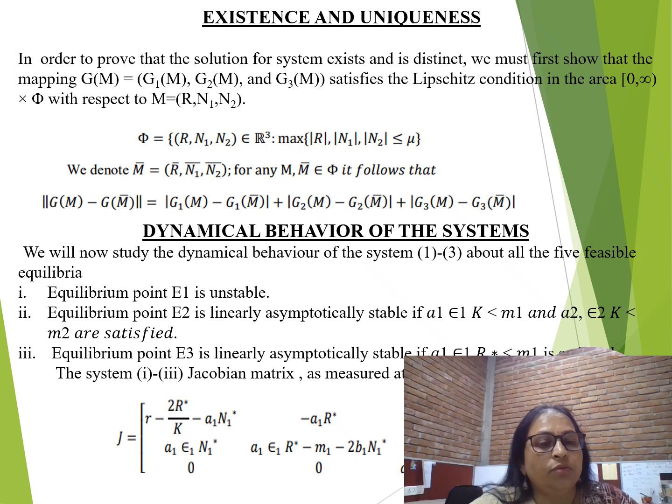Now the third equilibrium point is linearly asymptotically stable if the condition a1 epsilon 1 R star less than m1 holds. The linear asymptotic stability results are solved with the help of the Jacobian matrix.